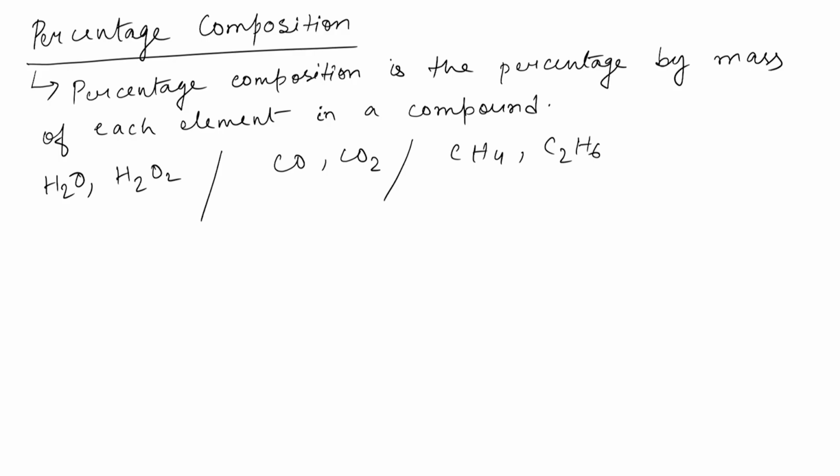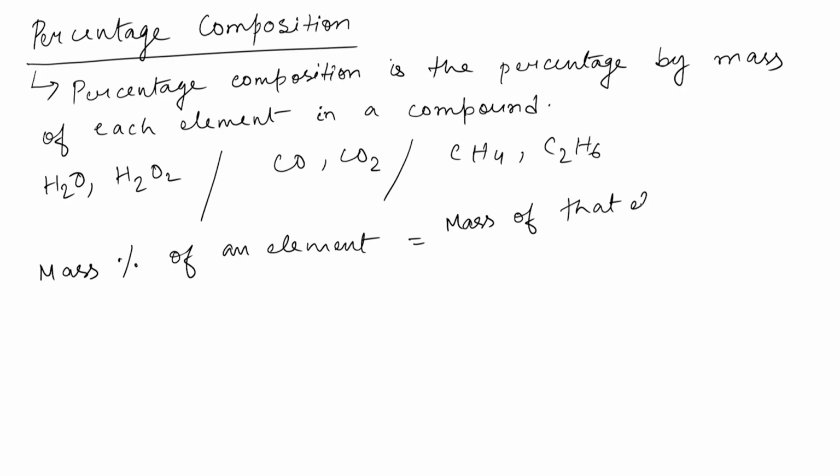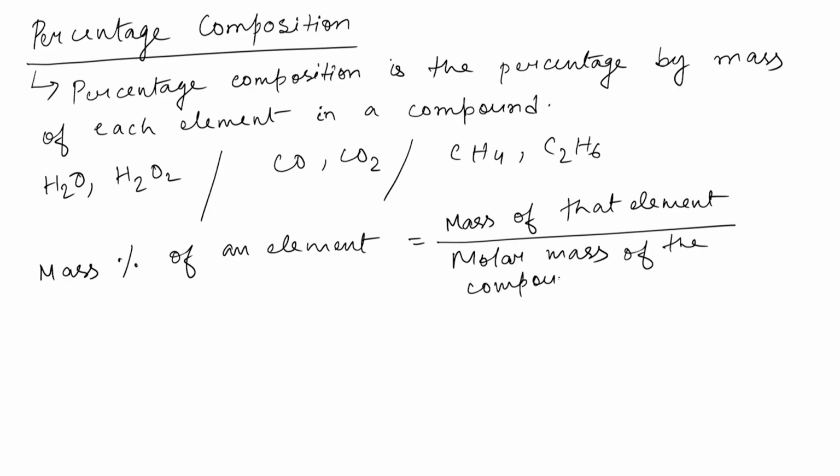So what will be the formula? Percentage composition can be calculated as: mass percent of an element is equal to mass of that element divided by molar mass of the compound into 100.